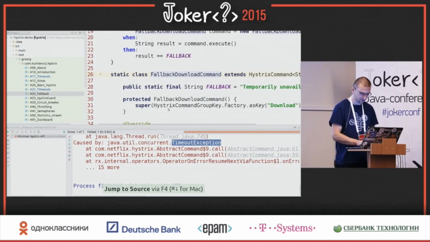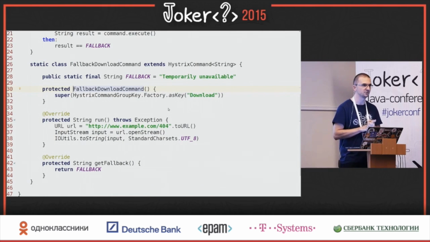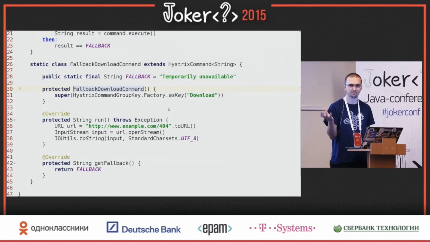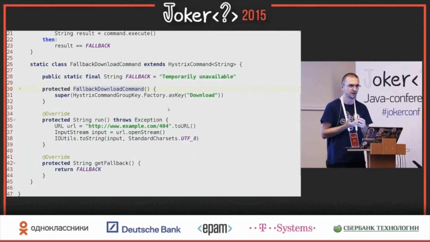Okay, and one last thing before the actual demo is fallback. So very often you don't really require a dependency to exist. There are things that you connect to, but if they are not available, if you make a request to that service and it's not available, it's not a big deal.